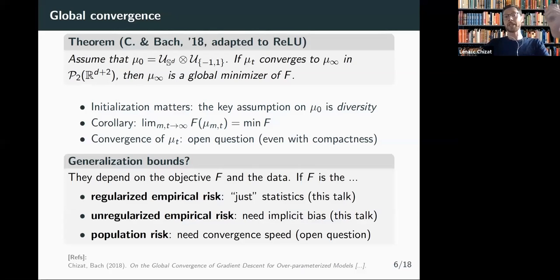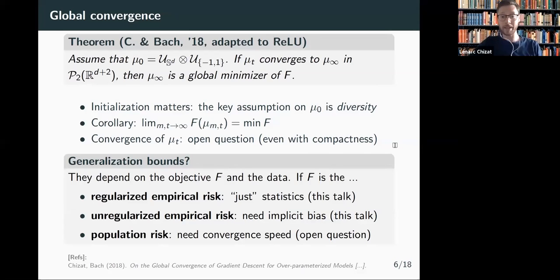And so we need to have a convergence speed in order to talk about generalization bounds. And it is an open question to understand the convergence speed of these dynamics in general. So there are, I think, very interesting open questions related to this object, which I will just mention here and there in this talk. All right, so the two next parts of this talk will be these two situations, regularized and unregularized empirical risk.